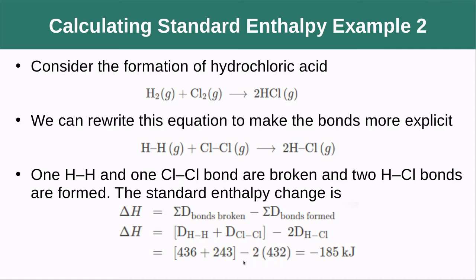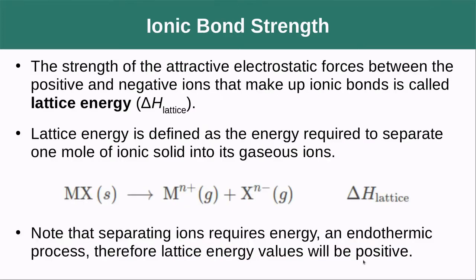Notice that we didn't change the sign of any of the bond energies. We just inputted into the formula and we multiplied it by how many there were, and we wind up with a negative value of negative 185 kilojoules. So we could expect this to be a spontaneous reaction, to happen all by itself and release energy.